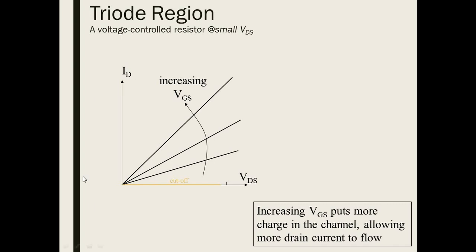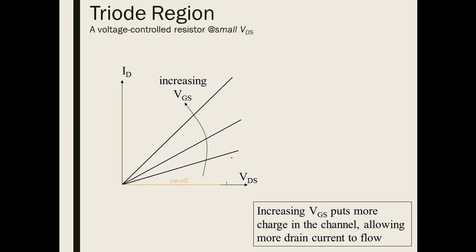Just to emphasize one particular thing: in the triode region, the slopes of all these curves are going to be different, because increasing VGS puts more charge in the channel in the enhancement MOSFET. If you remember, the entire procedure was based on the phenomenon of inversion.